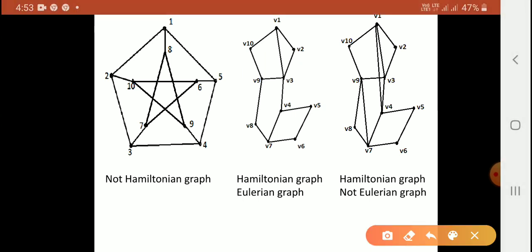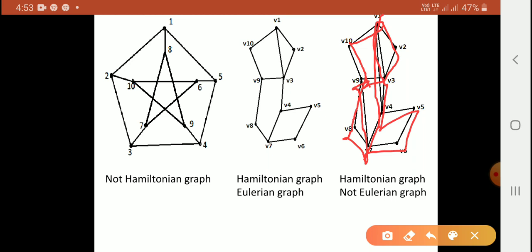We start with vertex V1, V1 to V10, V10 to V9, V9 to V8, then V7, V3, here going to V3, V2, V1, again going to this V3, V4, V5, V7, V4, and again we go this way.